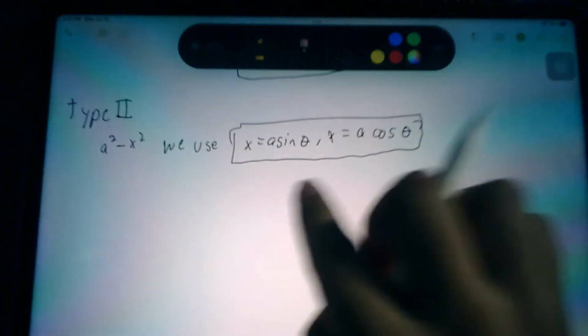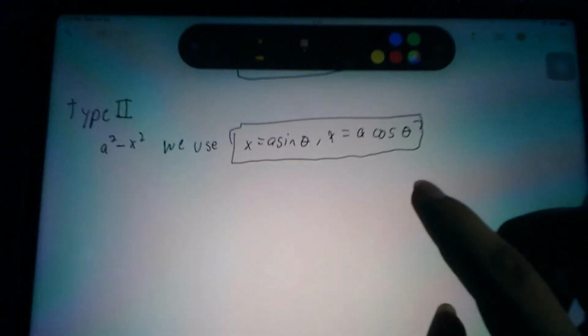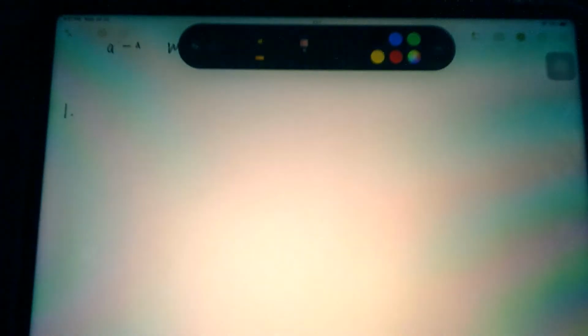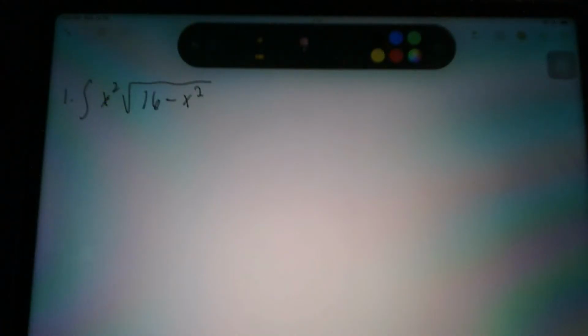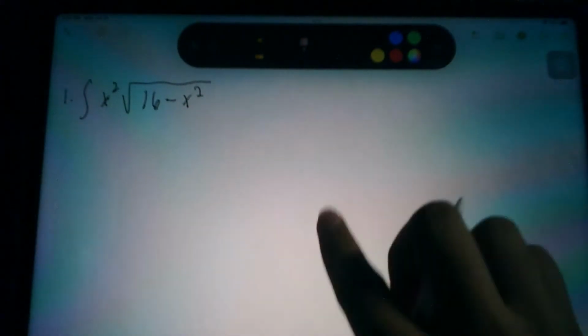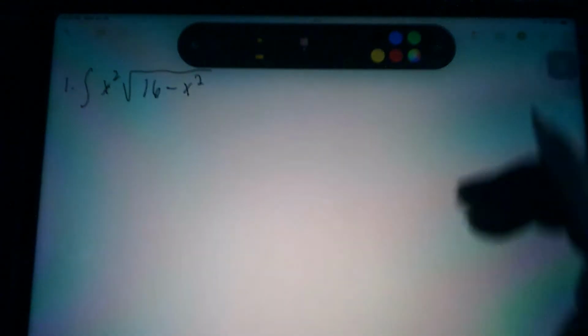We use this transform or substitution. So let's have an example. So here is my example number 1 for you guys under type 2 trigonometric substitution.